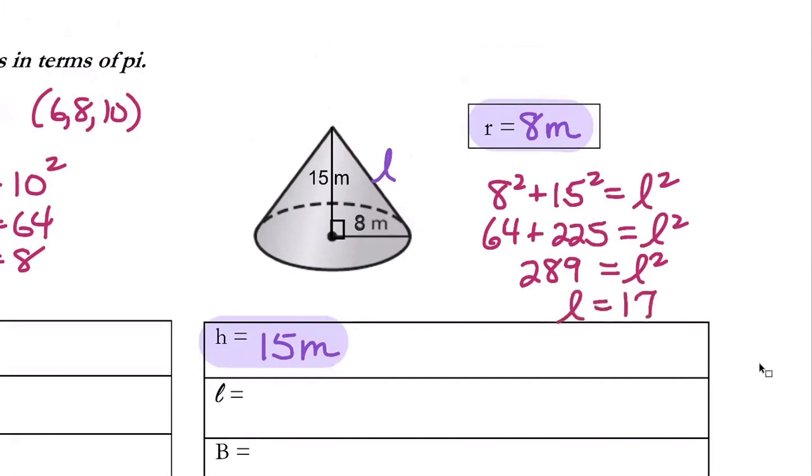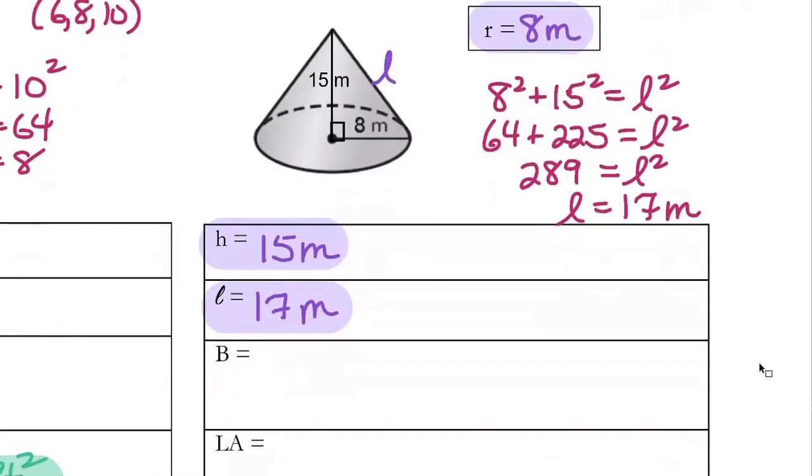And that's 17. 17 is your slant height. If you recognize, that is an 8, 15, 17 Pythagorean triple.